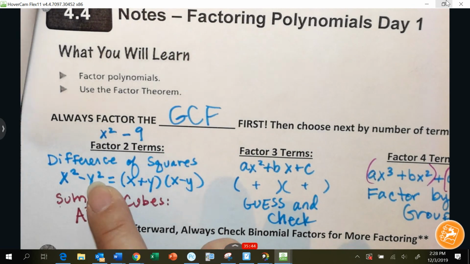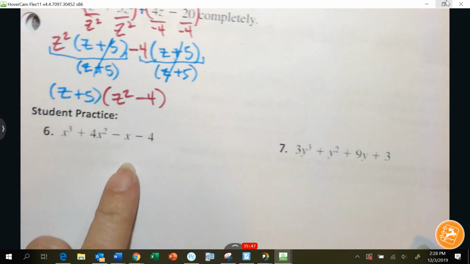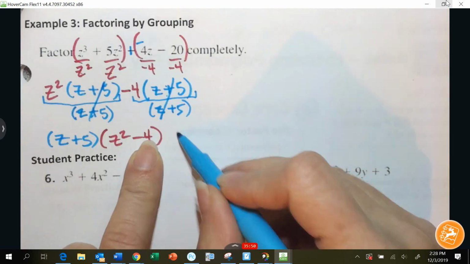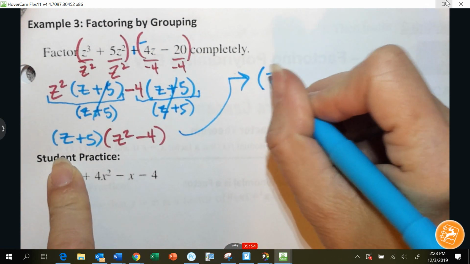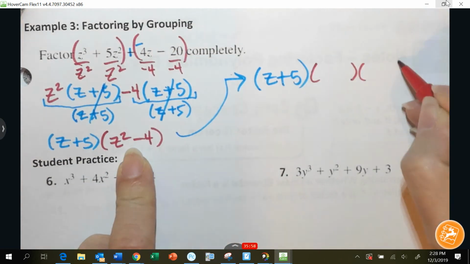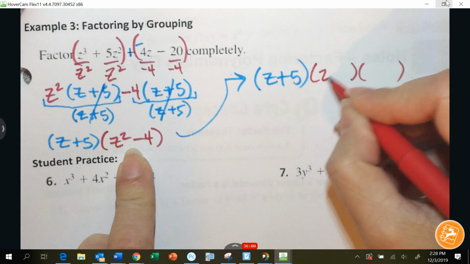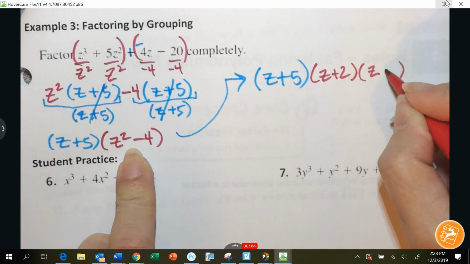Is it a difference of squares? Is it subtracting two perfect squares? Yes. Our next step, we bring the z plus 5 back, and now we factor our difference of squares: z plus 2, z minus 2.